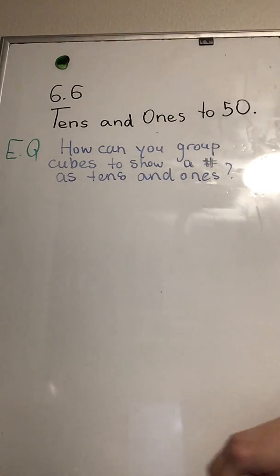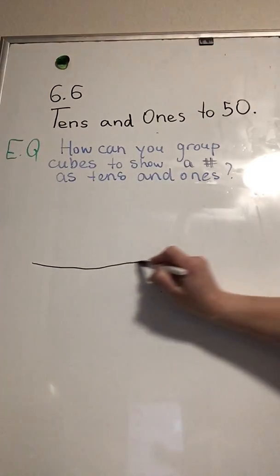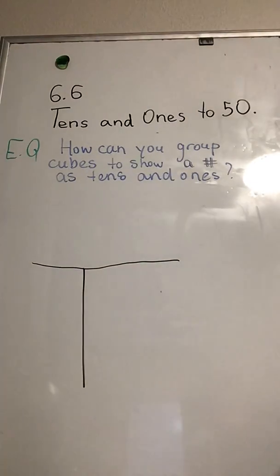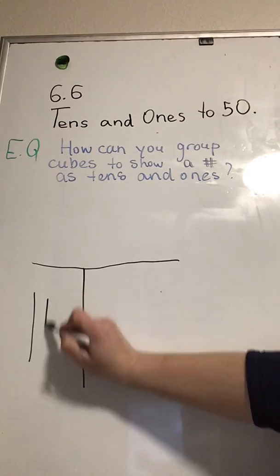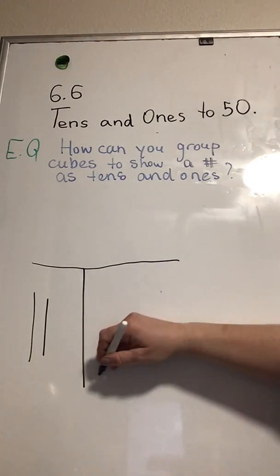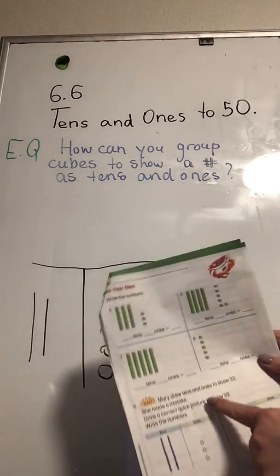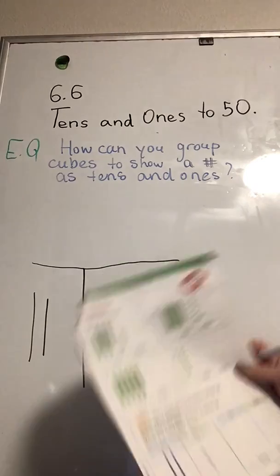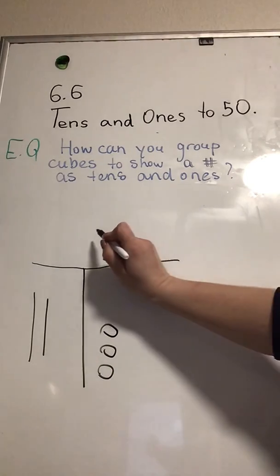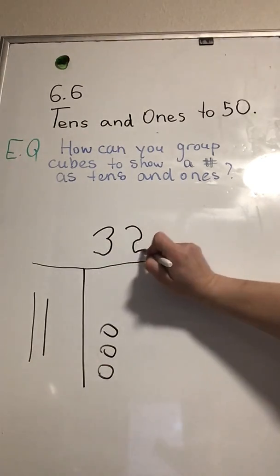Okay, let's see. In the hot problem, you see that there are 2 skinnies and 3 bits. And it says in the problem that Mary drew her tens and ones to show number 32.